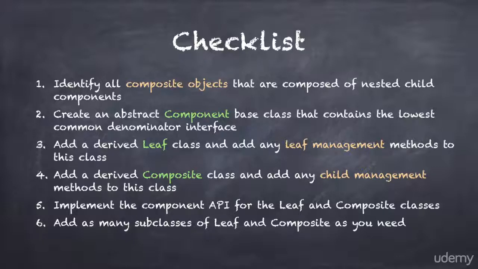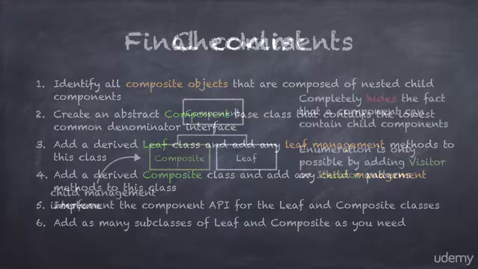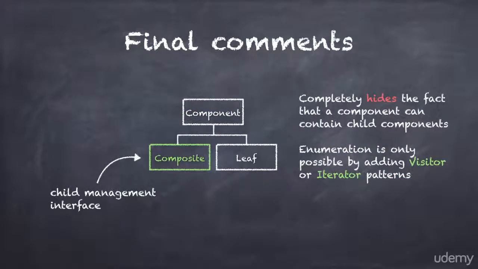And here are some final comments. The most important fact you need to realize about this pattern is that it completely hides the fact that a component can contain child components. The differentiation of components into leaves and composites is completely invisible to the outside world.